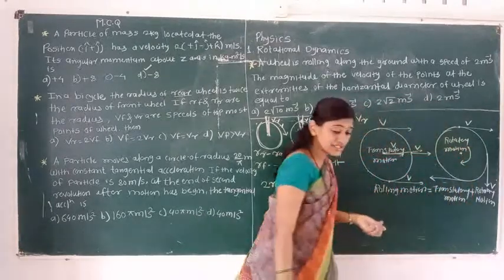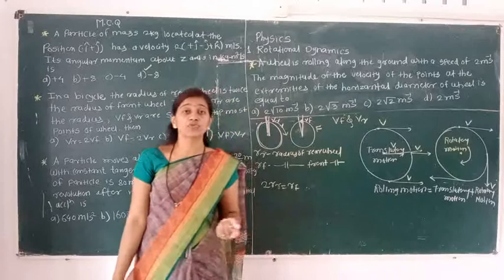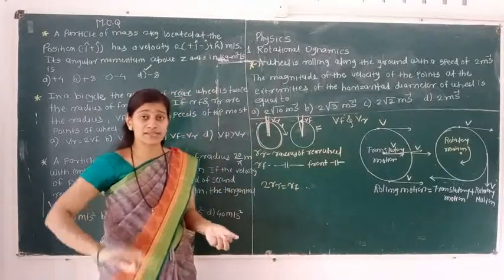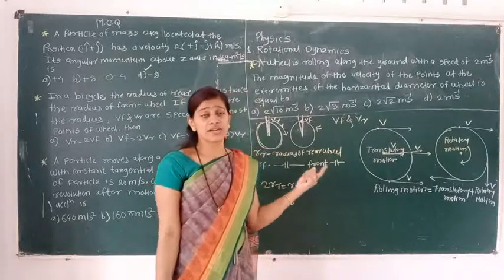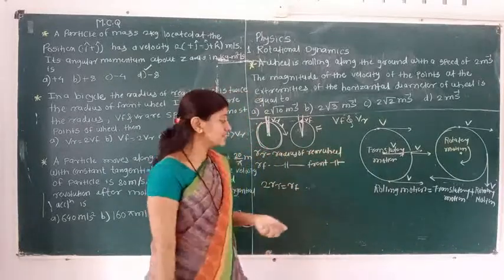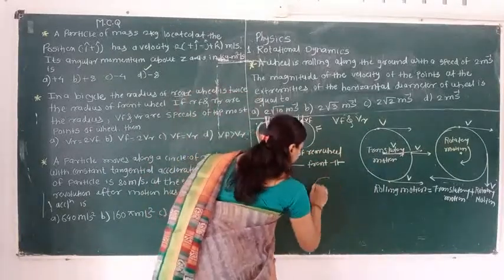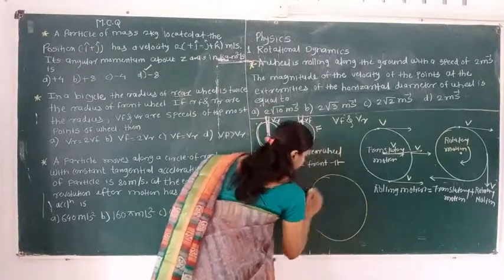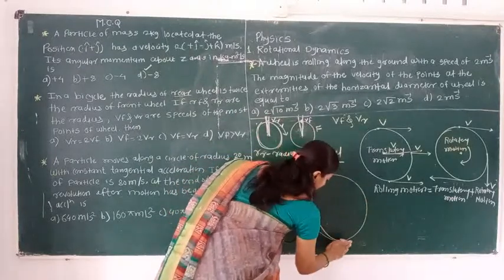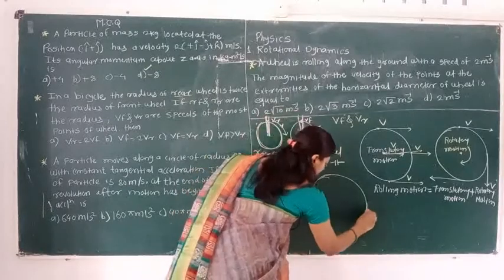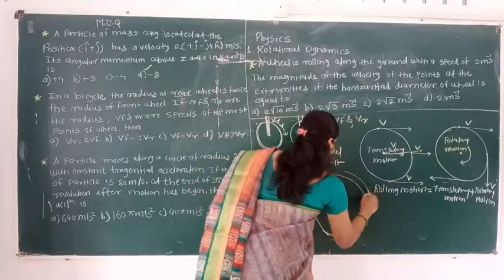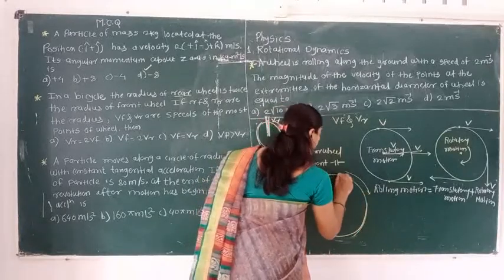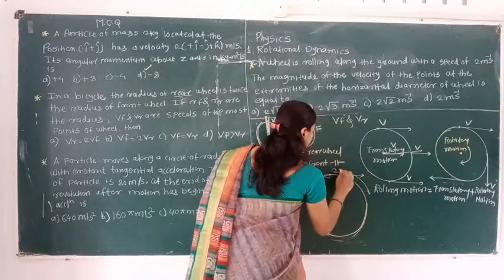When the bicycle is moving, at that time the wheel performs rolling motion. That means the wheel is performing both motions, rotatory and translatory. If we draw the rolling motion of a wheel, at that point we get the velocity 2v.